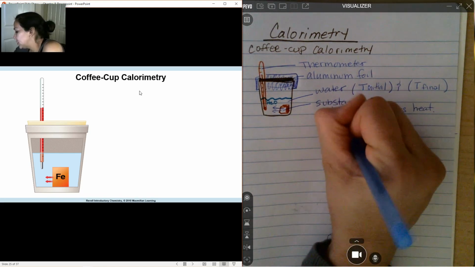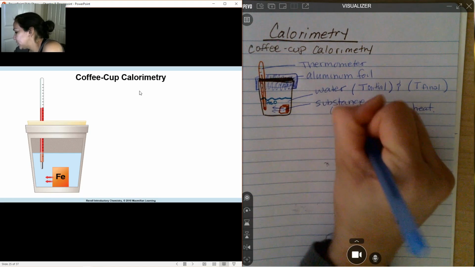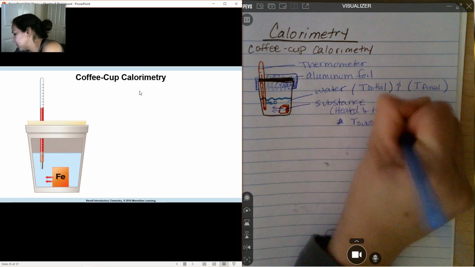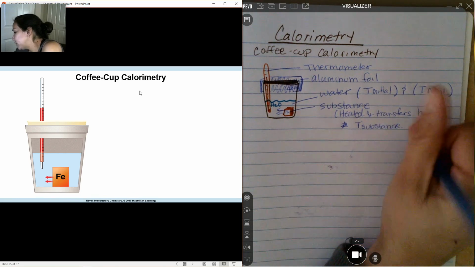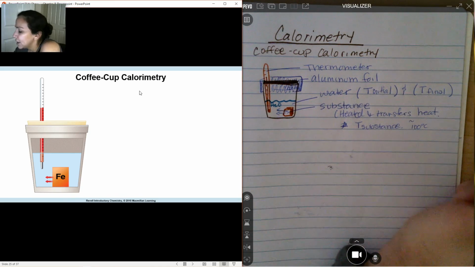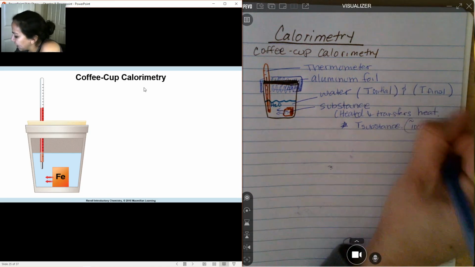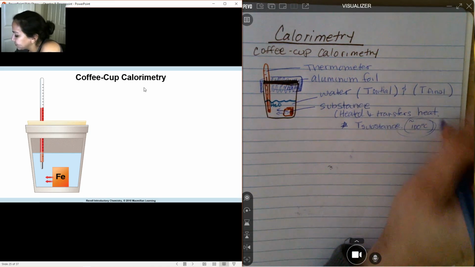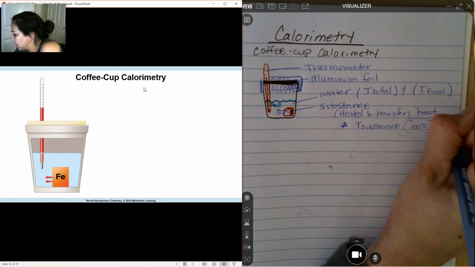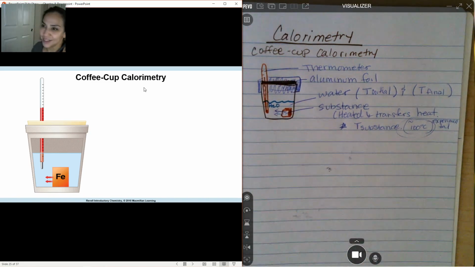So the temperature of your substance, if it's being boiled for 10 minutes, it's usually going to be about 100 degrees Celsius, usually. Now, this is experimental. Don't take this by hand. This is kind of like experimental value. All right. So it could change depending on the question that they ask you.